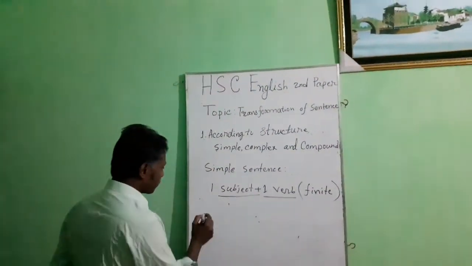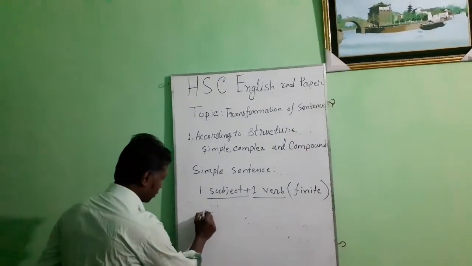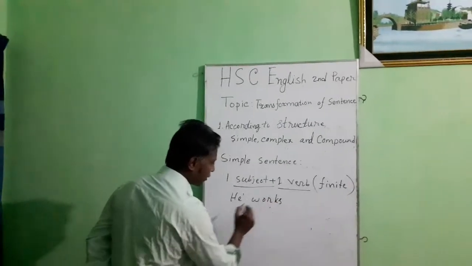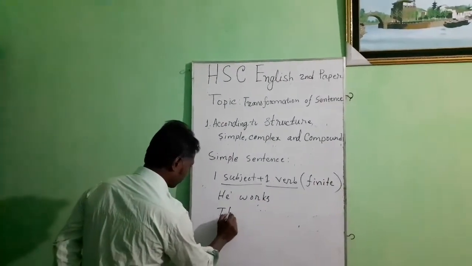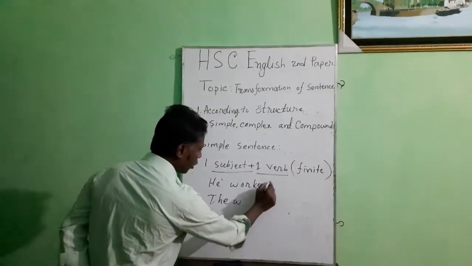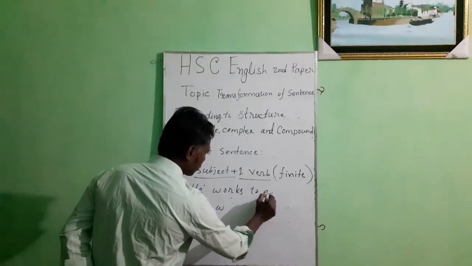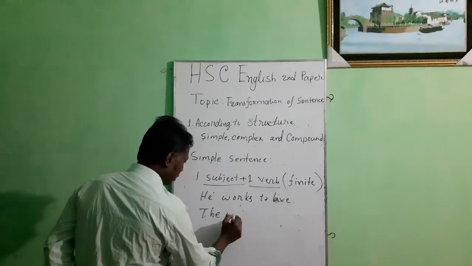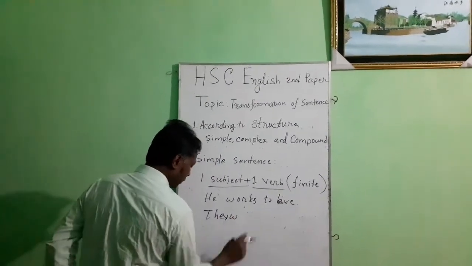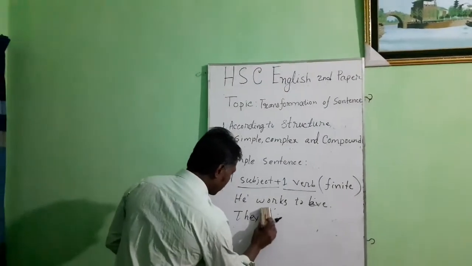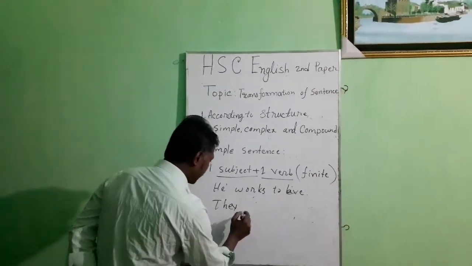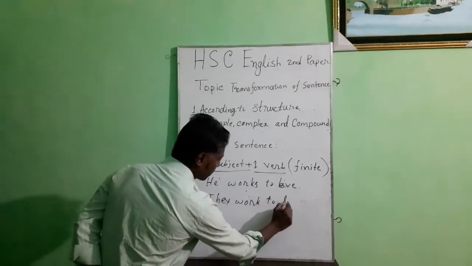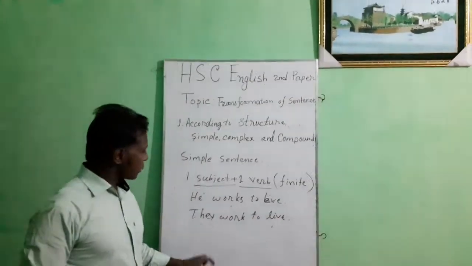A finite verb, for example, he works to live. They work to live. Here are 2 examples.